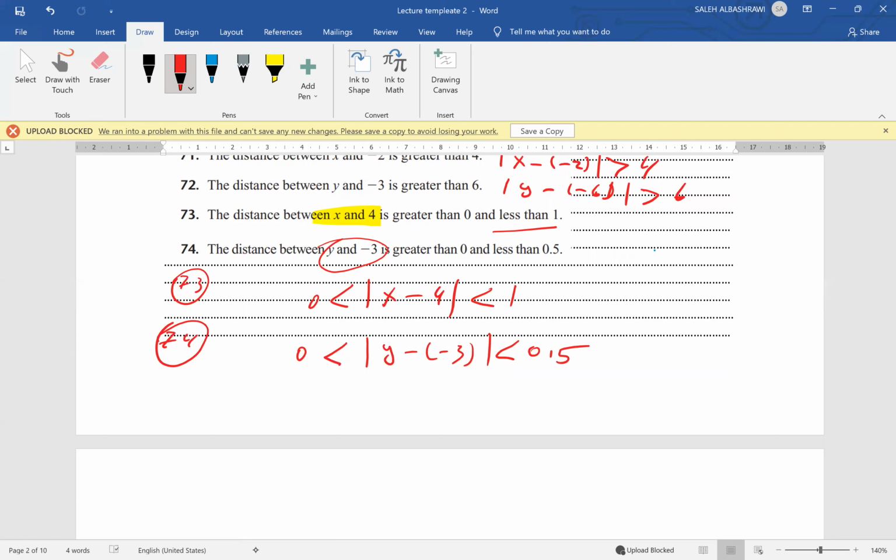It's written in this form. You have to pay attention to this sign.